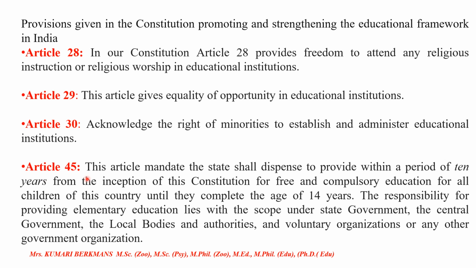Article 45. This article mandates that the state shall provide, within a period of 10 years from the inception of the constitution, free and compulsory education for all children of this country until they complete the age of 14 years. The responsibility for providing elementary education lies with the state government, the central government, the local bodies and authorities, and voluntary organizations or any other government organization.